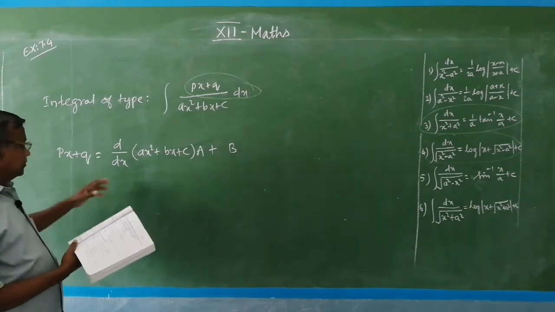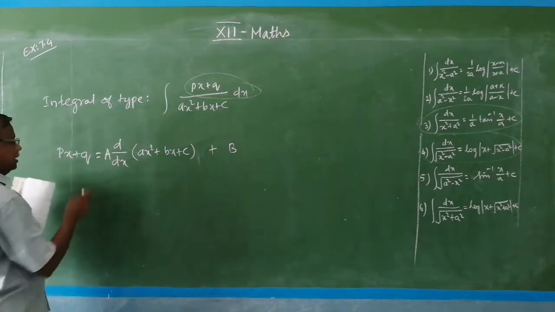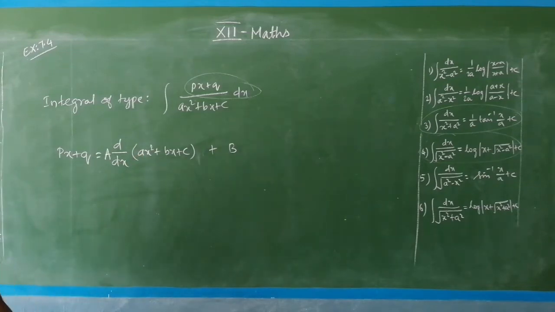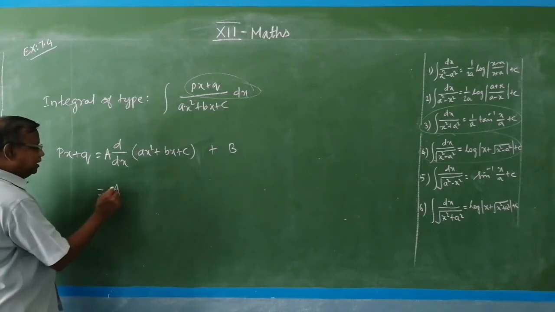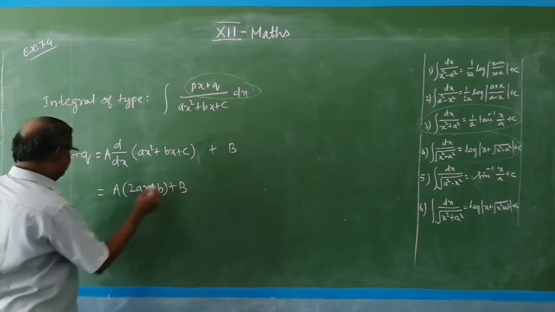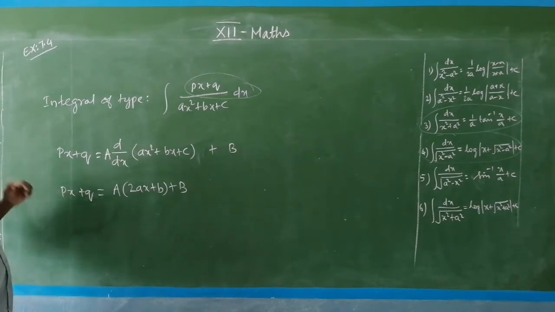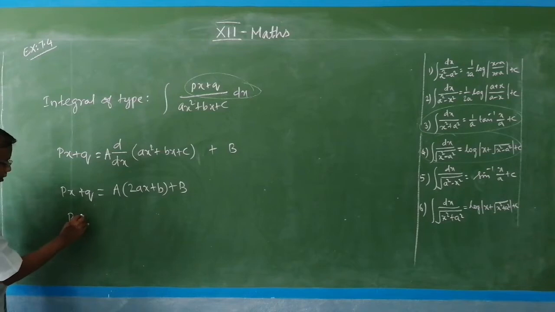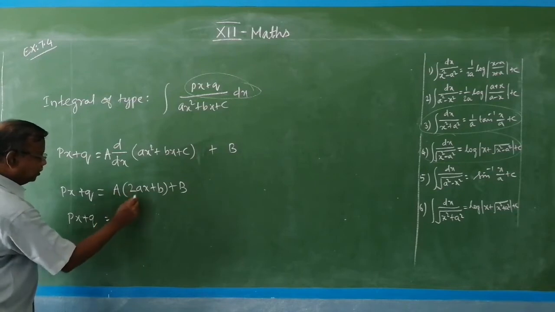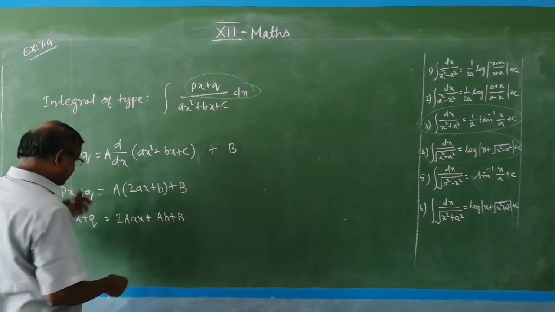I am writing this, that is A into d by dx of the denominator plus B. So this is equal to A into, the derivative of the denominator is 2ax plus b, plus B, equal to px plus q. Now equating x terms and constant terms, px plus q equal to 2aA x plus Ab plus B.